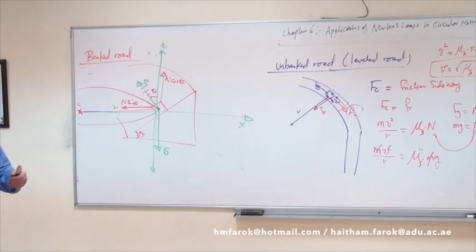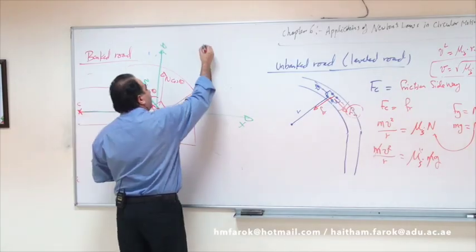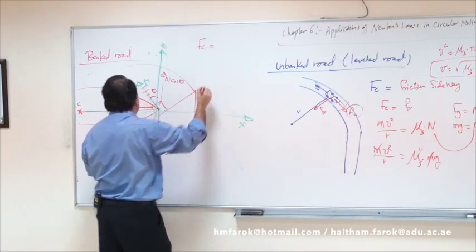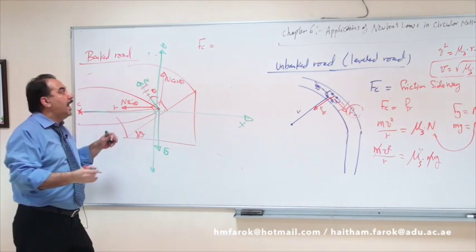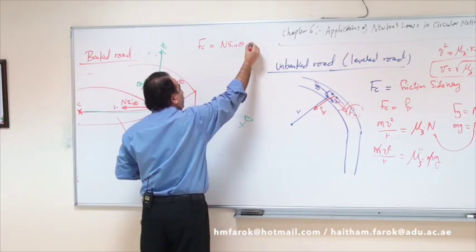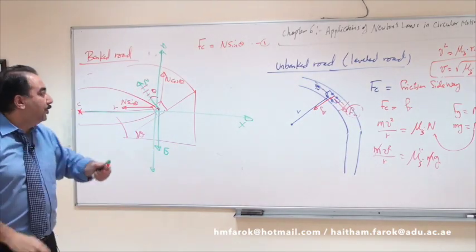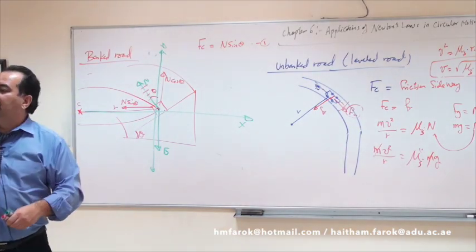Now, do I have a force towards the center or not? Any other forces towards the center, or is this the only one? So this is Fc. Which means for a bank road, we say Fc is equal to N sine theta. So if you've been asked, where does Fc come from on a bank road?